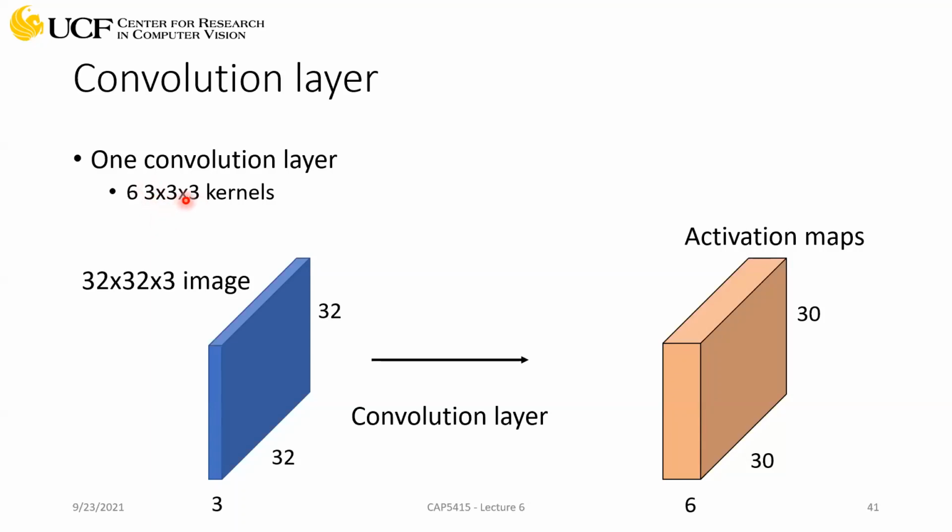The first 2 dimensions, 3 cross 3, are for the X and Y in 2-dimensional space. The third dimension, which is 3 here, should always match the depth of your input feature map. That could be confusing, but whatever the depth is, in this case 3, the depth of your kernel will always be 3.